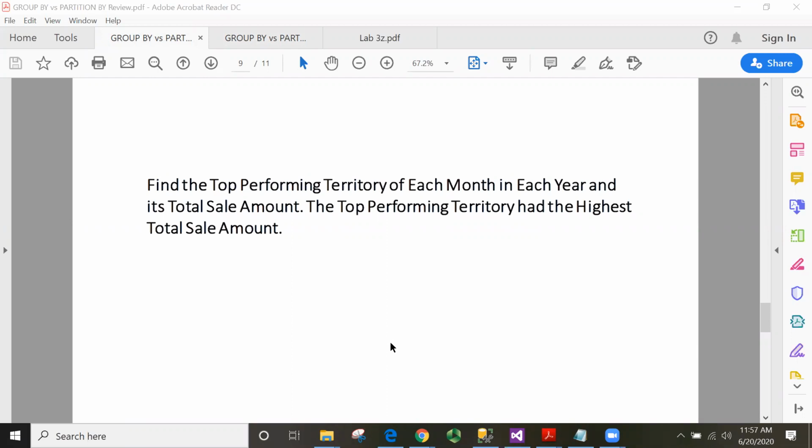We want to find the top performing territory of each month in each year. And the top performing territory has the highest total sale amount.